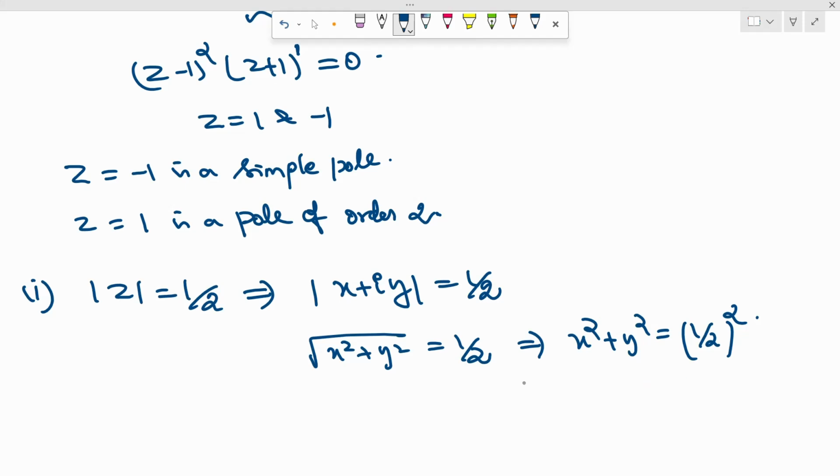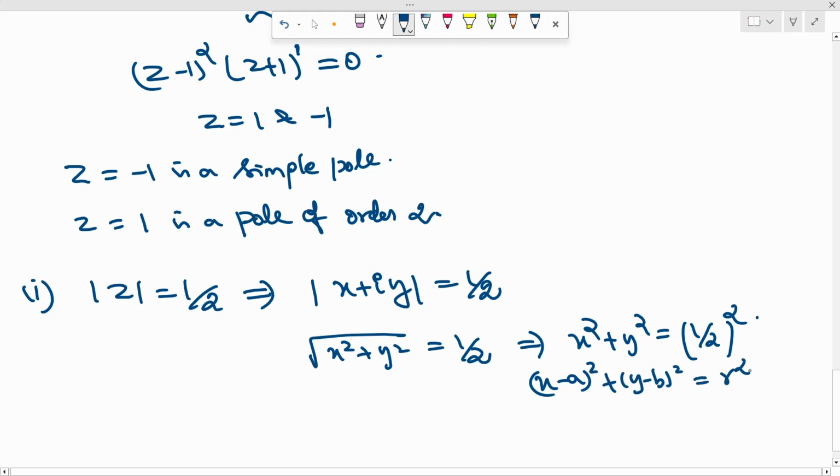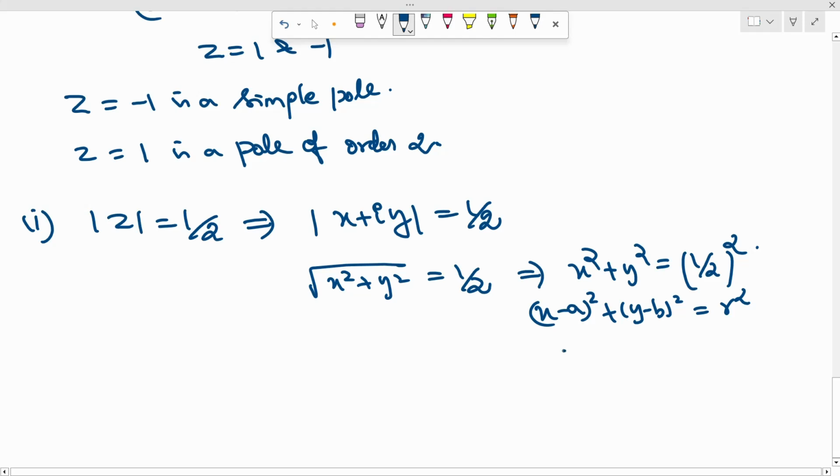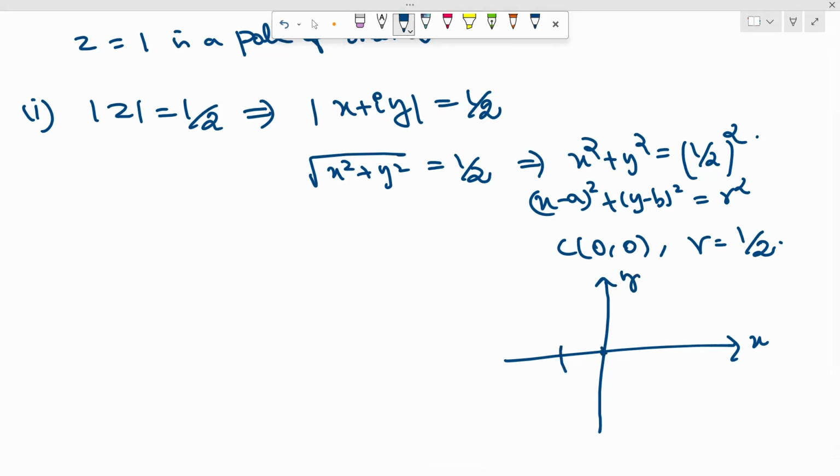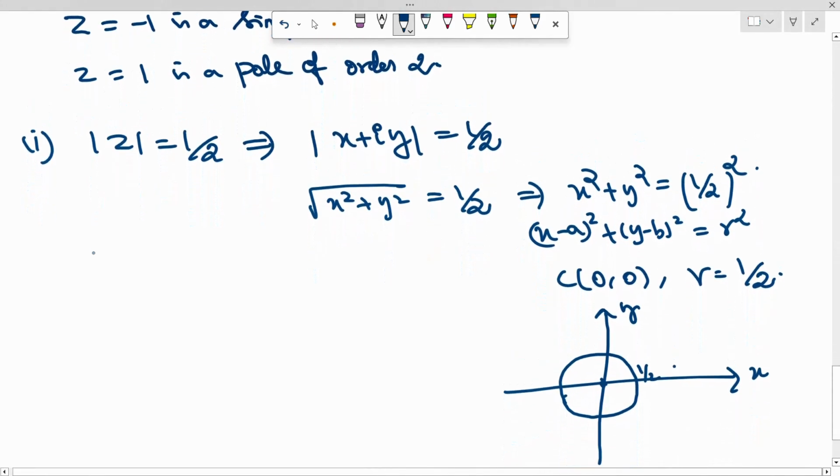We know the general equation of the circle is (x minus a) whole squared plus (y minus b) whole squared equals r squared. Here a and b are 0, which means the center of the circle is (0, 0) and the radius is 1 by 2. Okay, and then draw the circle with x-axis, y-axis, center (0, 0), radius 1 by 2.